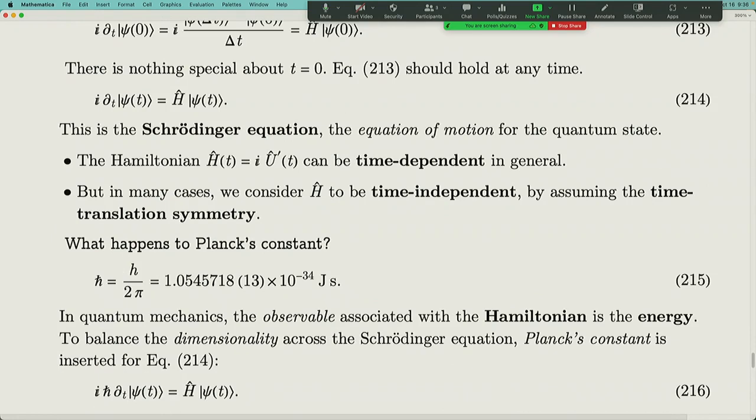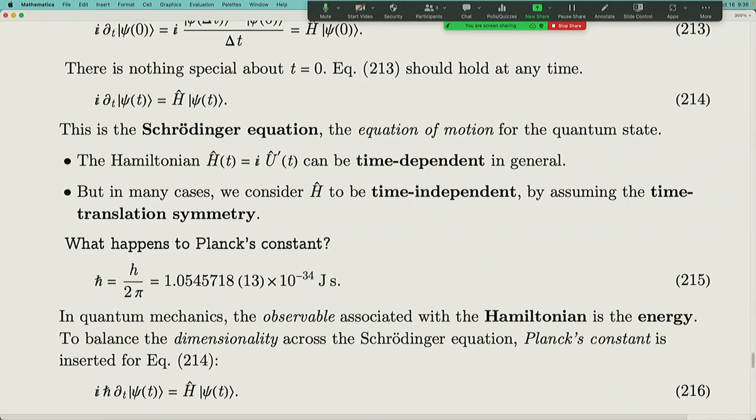And in many cases, this Hamiltonian itself, so in general, the Hamiltonian can be time dependent, because we say that the Hamiltonian is nothing but the unitary time evolution operator's first order derivative. So the unitary operator is a function of time. It's a matrix function of time, meaning that given a time, it gives you a matrix. So every matrix element in this unitary operator is a function of time.